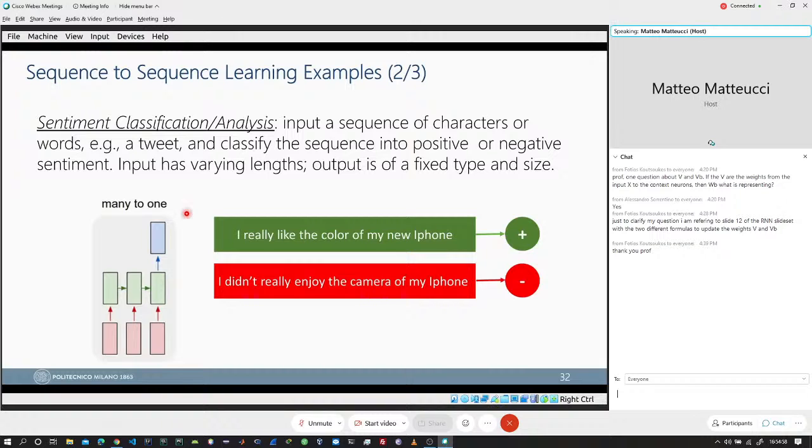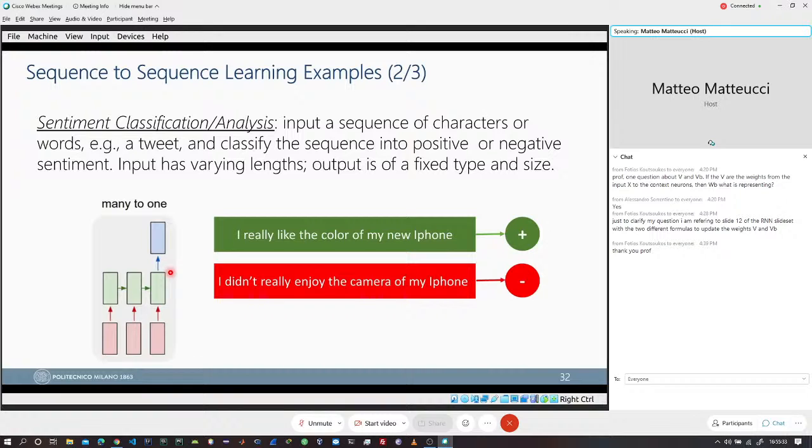Now, one thing that I stressed last time is that you can think about this sequence of activations of a long short-term memory as building an internal representation. Indeed, the state of the last hidden state, sorry for the pun, so the state of the last long short-term memory will depend on the sequence of input.